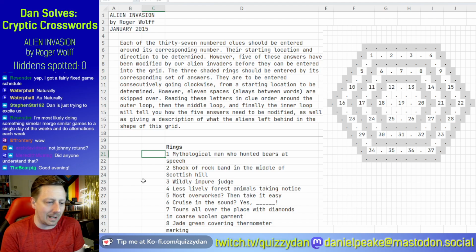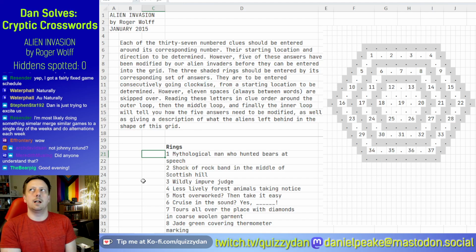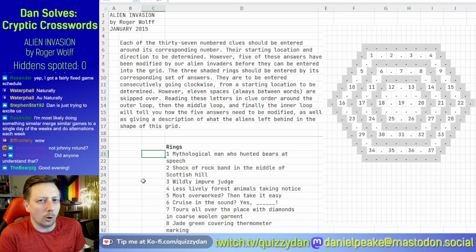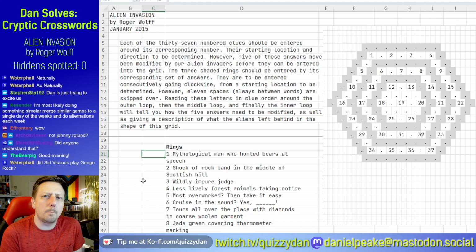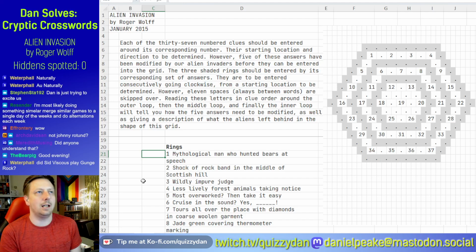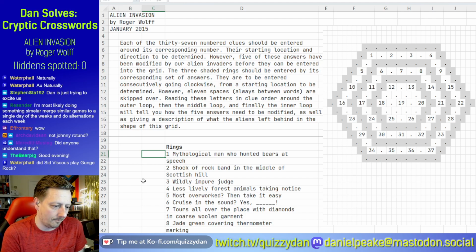Clue 2: Shock of rock band in the middle of Scottish hill. Is that going to be a tor for a Scottish hill, or a brae, B-R-A-E? Is that a hill in Scots? I think it is. Rock band in the middle of Scottish hill.